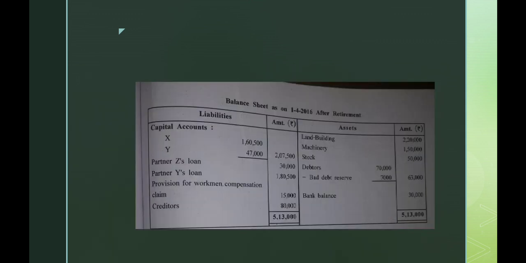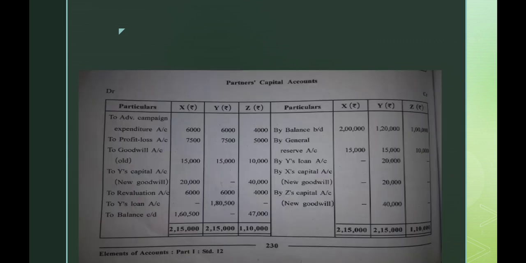Next is partners' capital accounts. You have transferred the answer of revaluation account in partners' capital accounts. Firstly, it is advertisement campaign, then profit and loss, then goodwill. Then Y's capital account, it is about goodwill again.